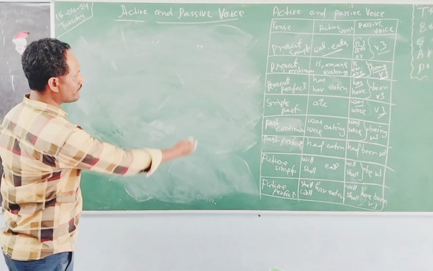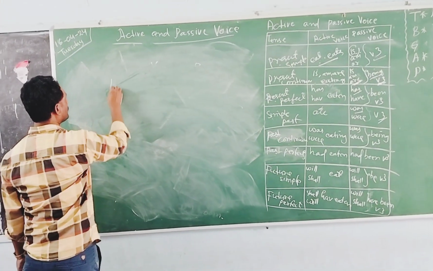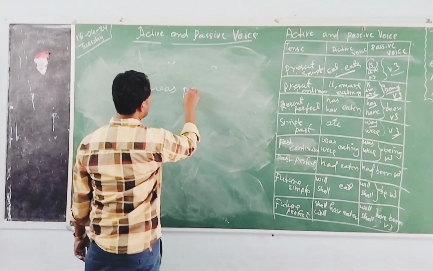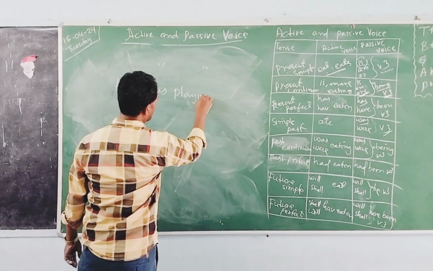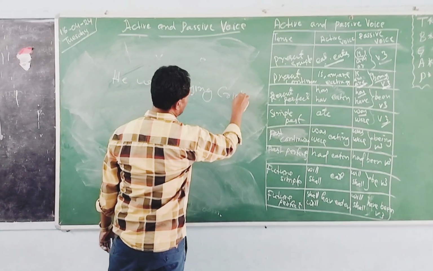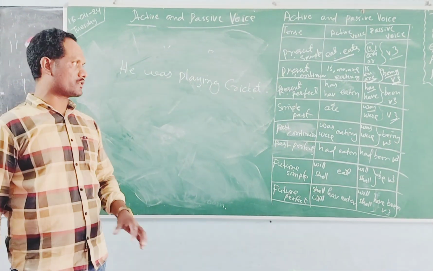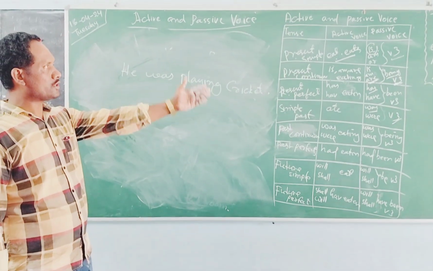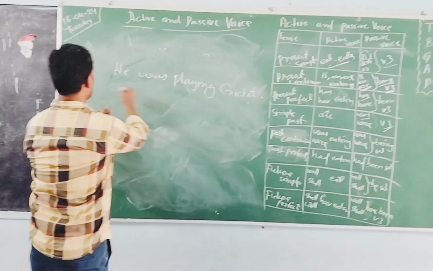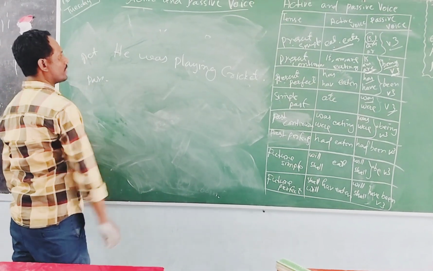Next we are going to have past continuous. He was playing cricket. This is your past continuous. Let us look into the past continuous passive table. So this is active voice. When we make passive voice, what happened?